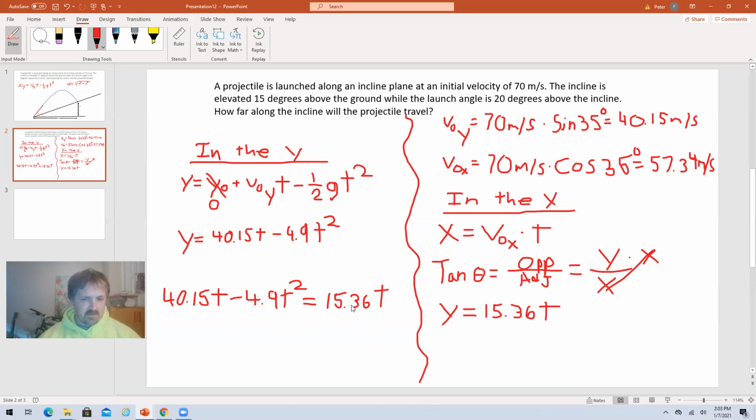I'm going to subtract 15.36 t from both sides, and I'm going to add 4.9 t squared to both sides. And what I end up with, let's see, what's 40.15 minus 15.36? That was 24.79.